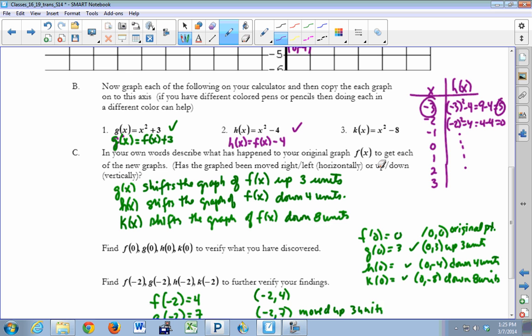You might want to say g of x adds 3 to all of my y values of f of x. Some of you might say I raise the graph of f up 3 units. There are lots of different ways to say it. You notice that all of the points on f of x have been increased by 3.